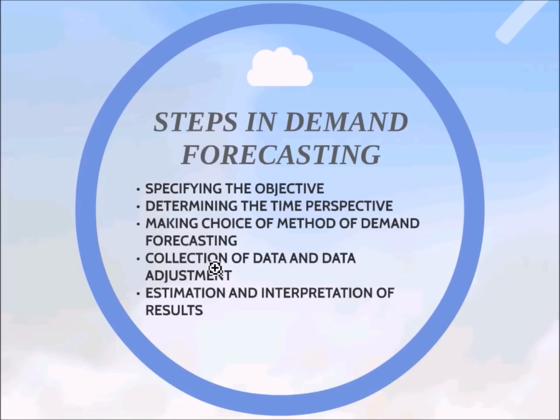Secondary data is data on which work has already been done. So if the product is altogether new in the market, we have to go for primary data. But if the product is old in the market, it has been in demand for at least a period of 2 to 3 years, then we can go for collecting secondary data.